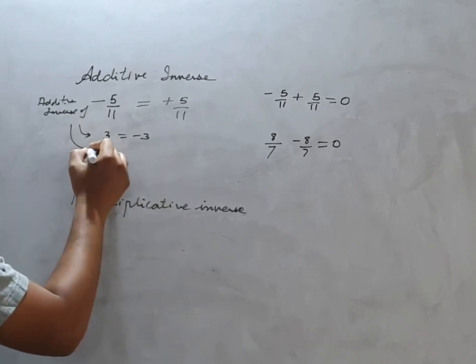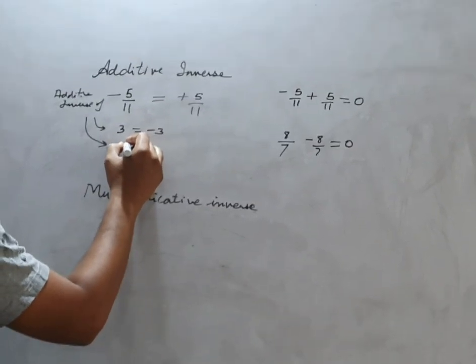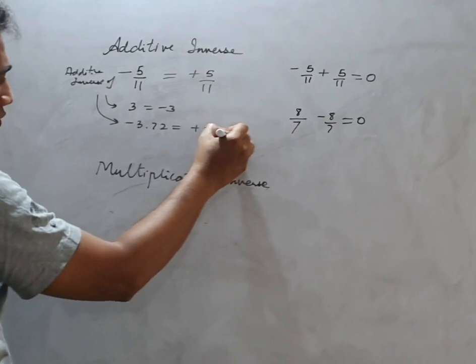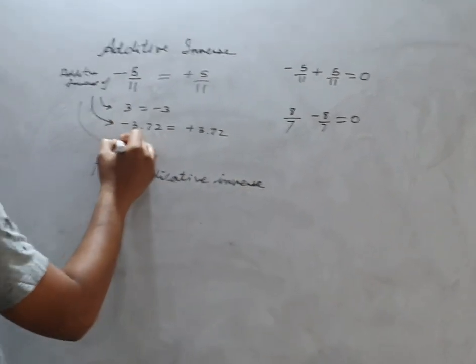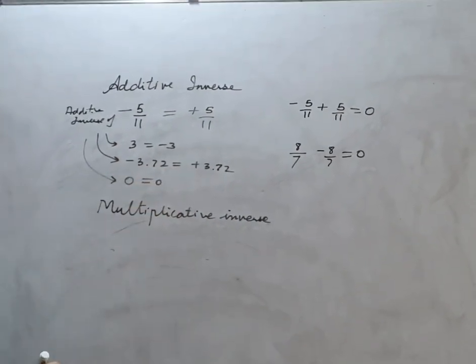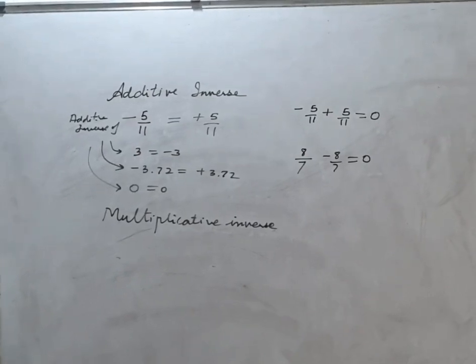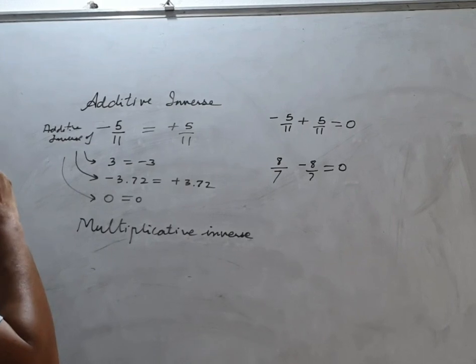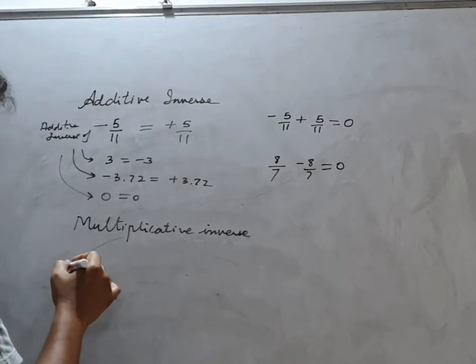The additive inverse of negative 3.72 is positive 3.72. And the additive inverse of 0 is 0. Why? Because 0 is neither negative nor positive.